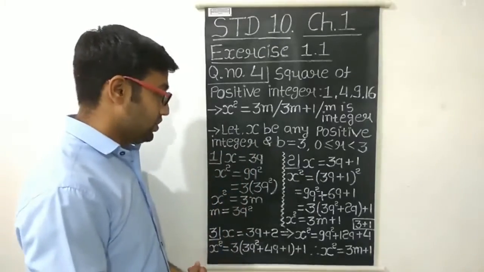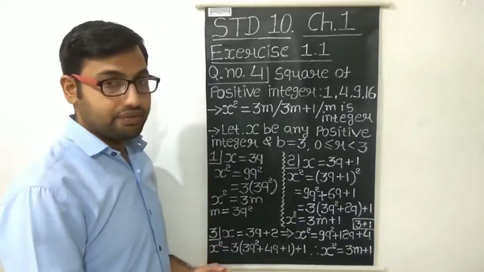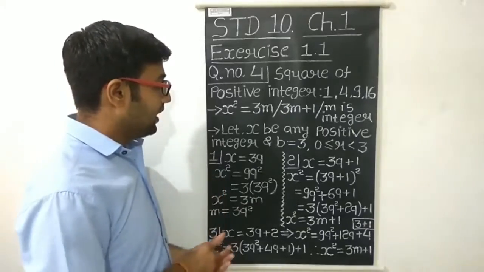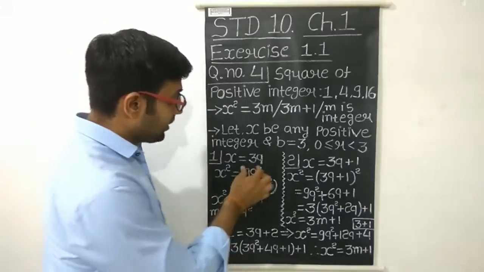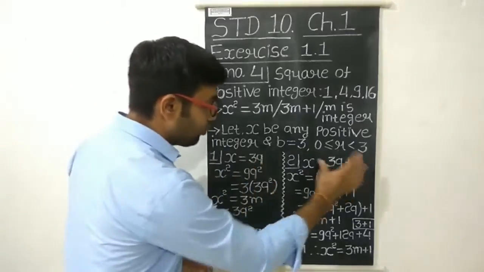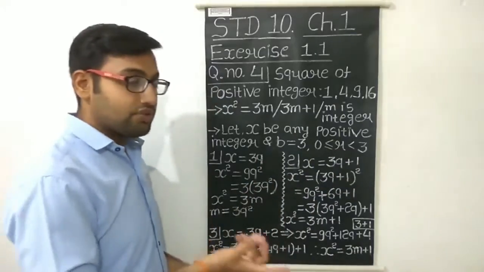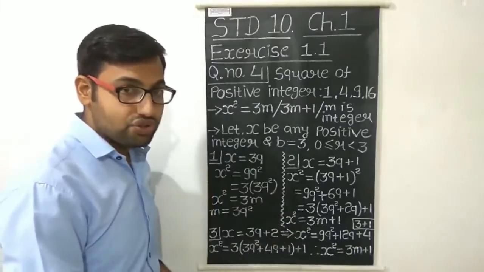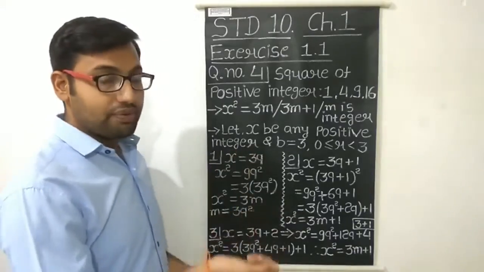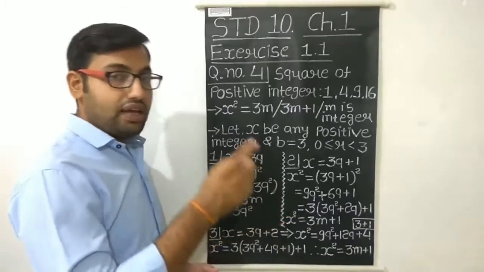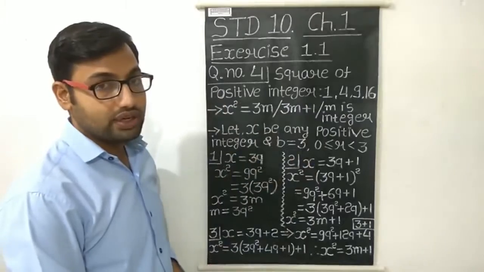Because in the question, in the hint, it is stated that we can take the positive integer in the form of either 3q, or 3q plus 1, or 3q plus 2. That is why, according to the hint, 3q is there. So what is the multiple of q? That is b, and b is equal to 3. That is why we take b equal to 3.